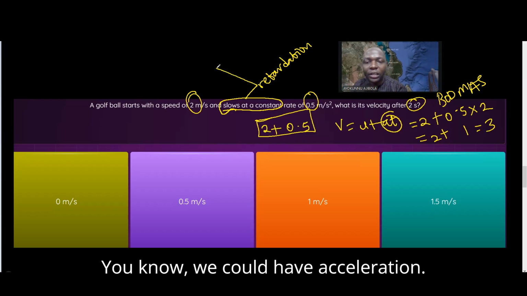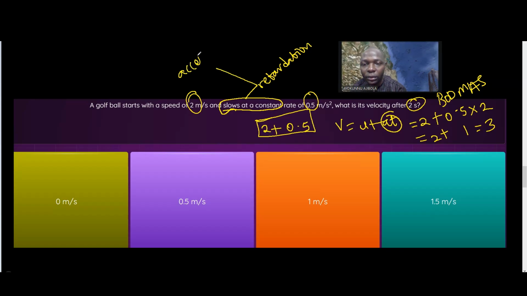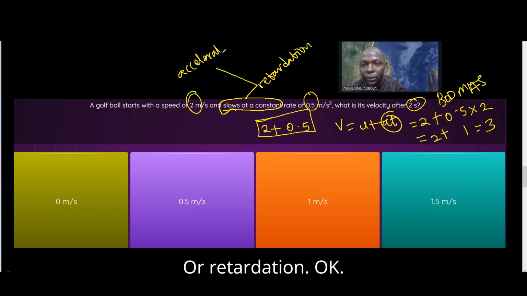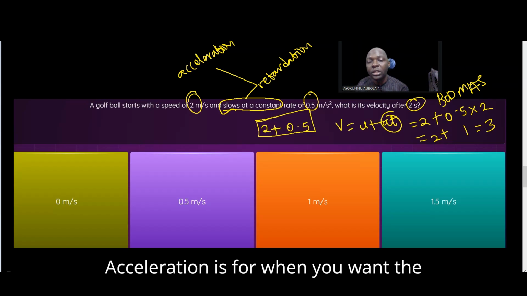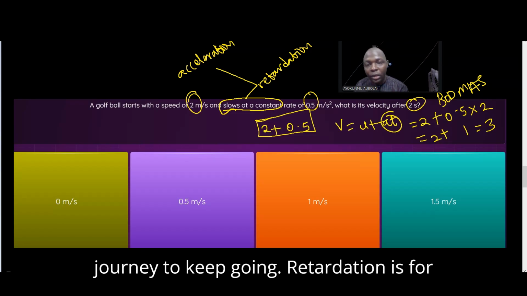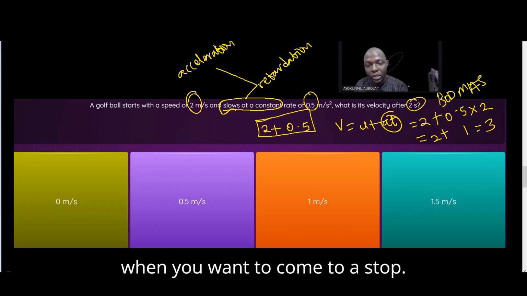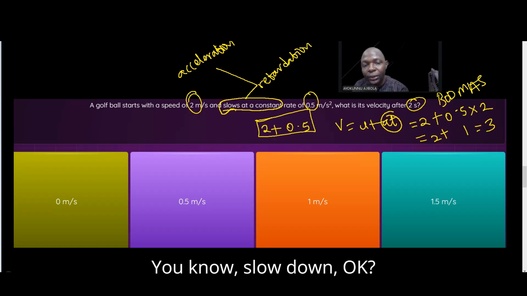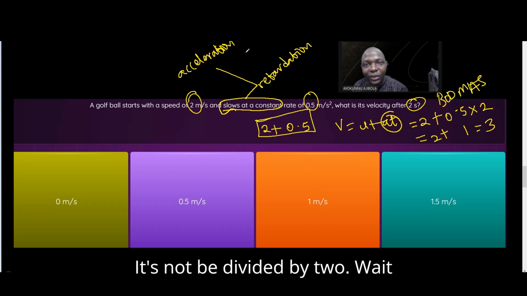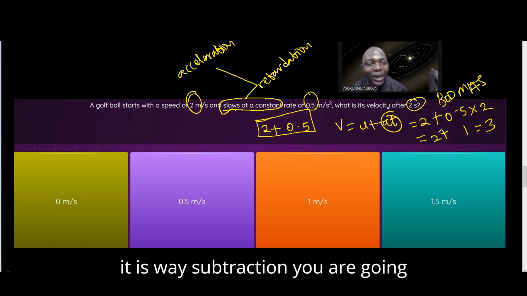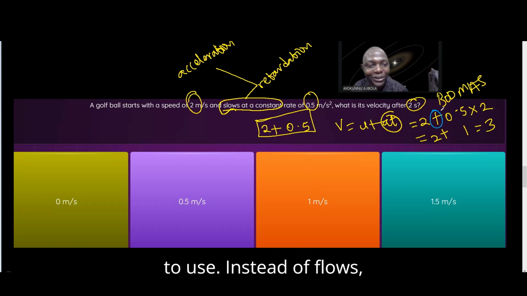We could have acceleration or retardation. Acceleration is for when you want the journey to keep going. Retardation is for when you want to come to a stop. You now slow down. So it is subtraction you are going to use instead of plus.